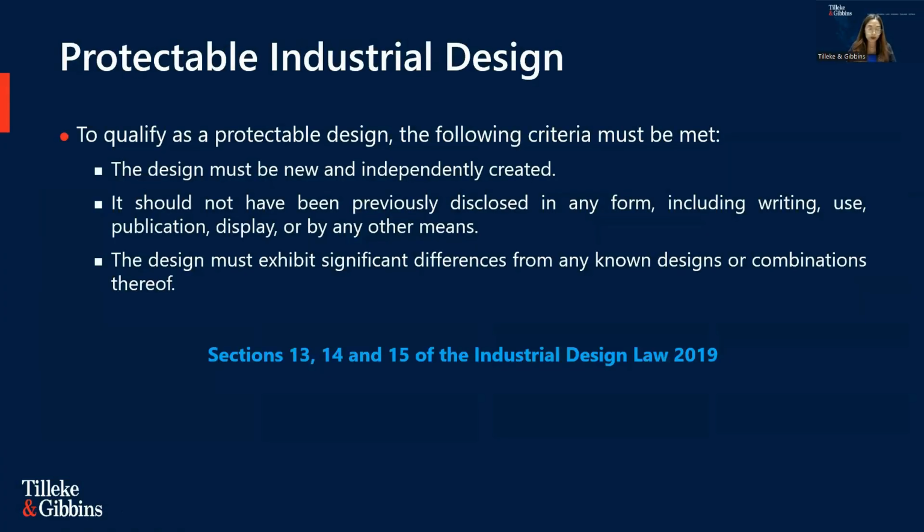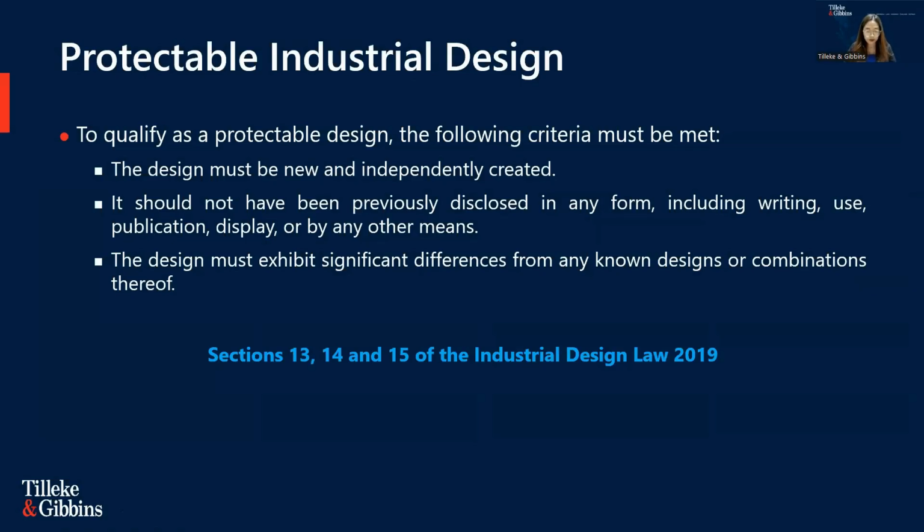Now we will move to protectable industrial design. What are protectable industrial designs? You must meet the requirements mentioned in sections 13, 14, and 15 of the industrial design law. The design must be new. So this is the important one. All the protectable designs must be new and independently created.